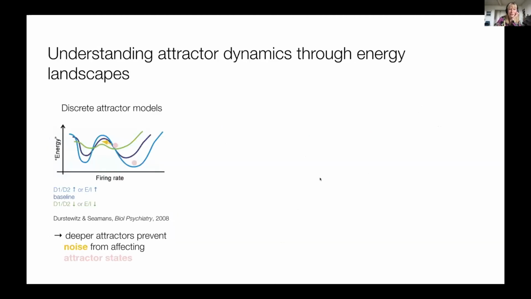Okay. So yes, this might be a familiar picture to several of you. So this is one energy landscape for specific attractor models. Here we have a double well energy landscape that often is used to think about schizophrenia. This is from the Durstewitz paper. Actually, they modulated D1, D2 ratios, but we could also think that changes in EI ratio might determine the shape of these energy landscapes, right?